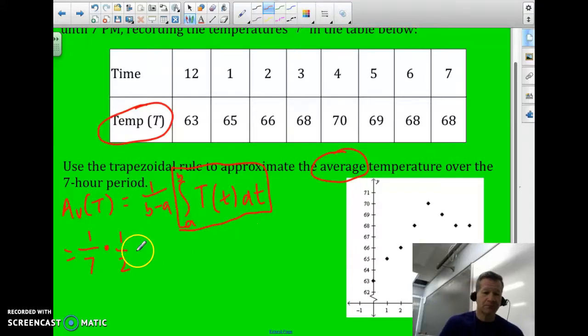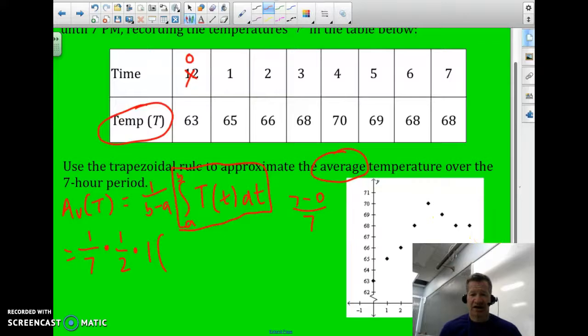So we're going to go times the height, which is 7 minus 0, thinking of 12 o'clock as 0, and then divide it up into 7 parts to make it easiest. So each height can be 1, then times the sum of all the bases.